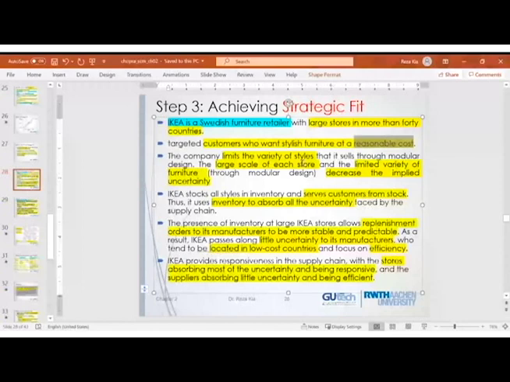And as the variety of furniture is low, regarding the features that we discussed in the previous class, the uncertainty will also decrease.